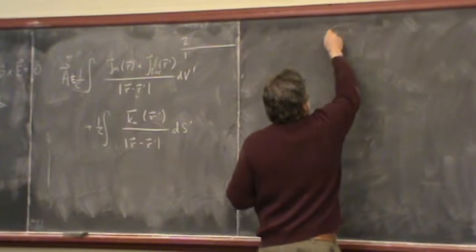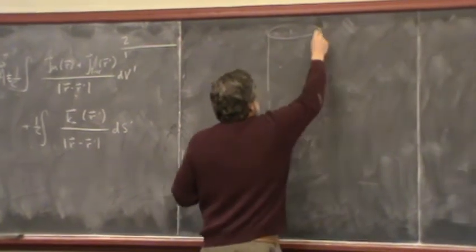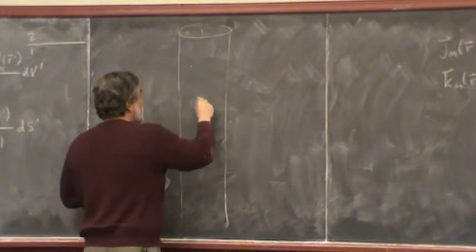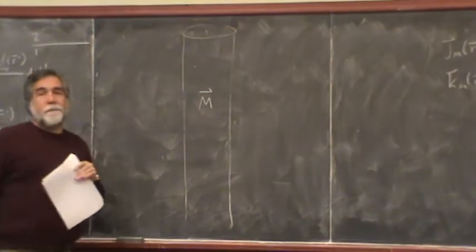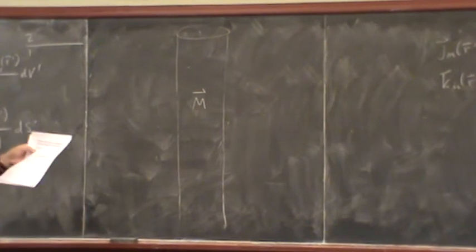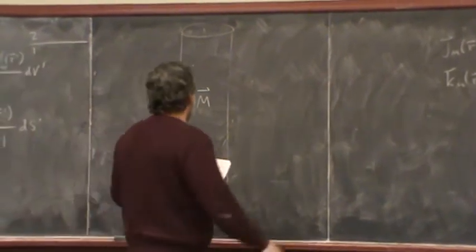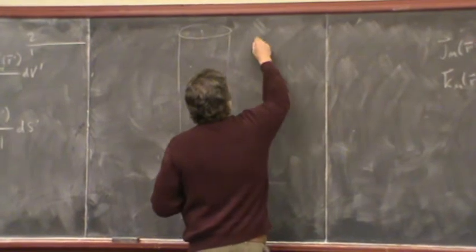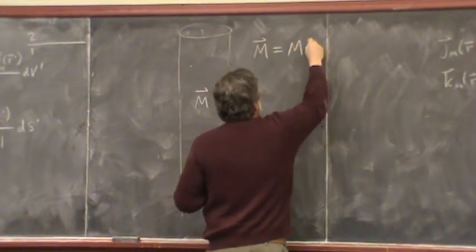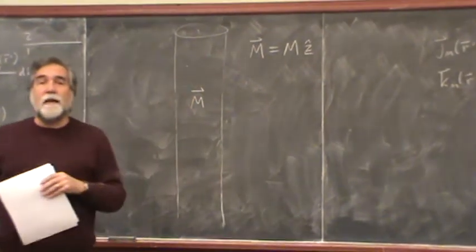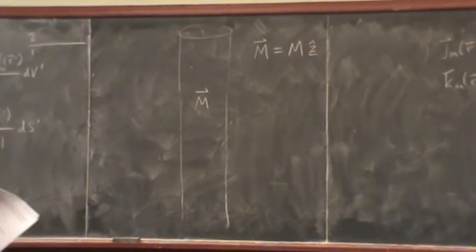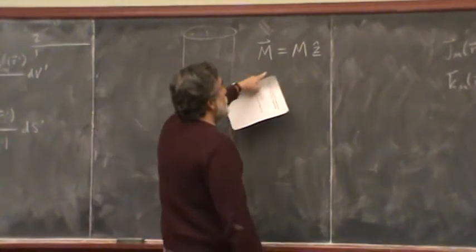All right, it goes on and on, my friends. So the magnetization in that material, I'm just going to write as M z hat. And we want to know what the B field is in various regions as well, right?